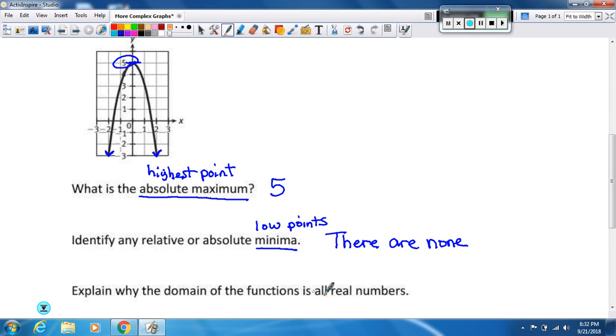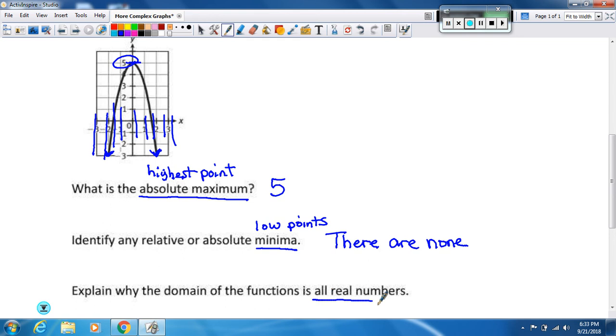Explain why the domain of the function is all real numbers. Just because of what I just said, how, for example, this is going on and on down into infinity. It's forever getting wider. So you could literally draw through the x-axis, and that graph will eventually touch at least one point for forever.